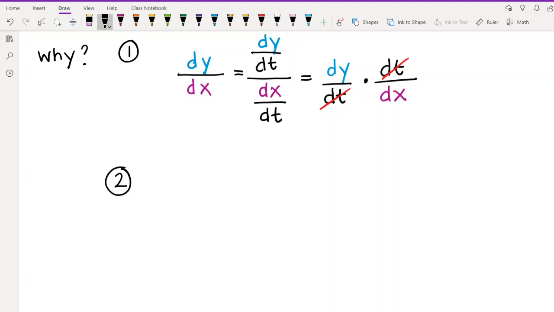If y is a function of x, and then x in turn is a function of t, then by the chain rule, if you were trying to find dy/dt, you would first need to take dy/dx. That's the first part of the chain rule. And then you would need to multiply that by dx/dt.